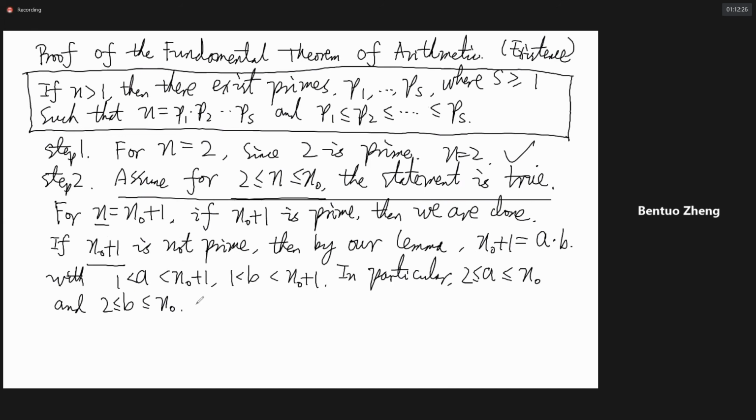So by assumption, we can write A as a product P1 times P2 times ... times Pk, and B is equal to Q1 times Q2 times ... times Qs.